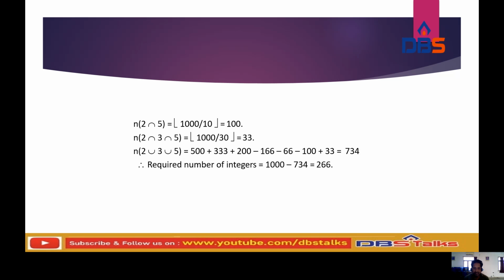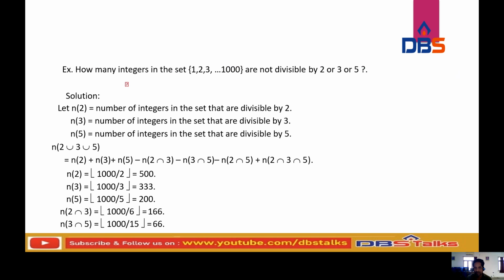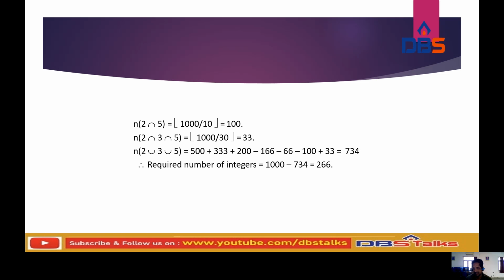Therefore the required number of integers equals 1000 minus 734, which equals 266. So 266 numbers are not divisible by 2 or 3 or 5. So how to calculate?